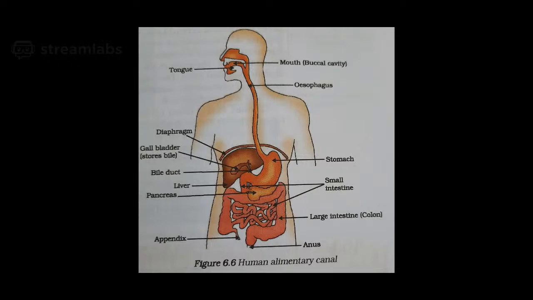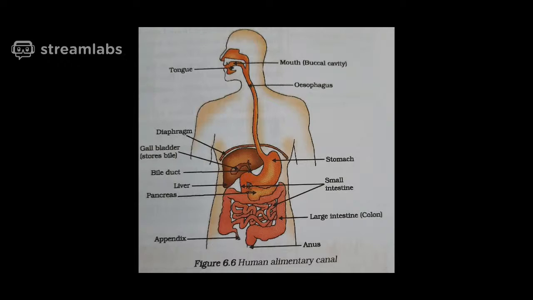How does nutrition take place in human beings? This is the human digestive system. How does the nutrition take place in human beings?